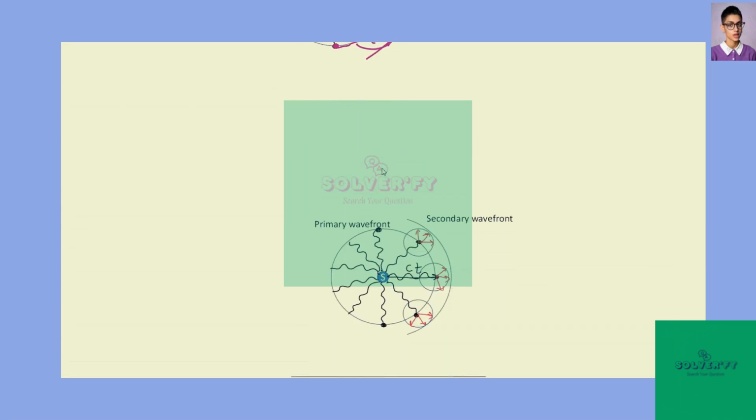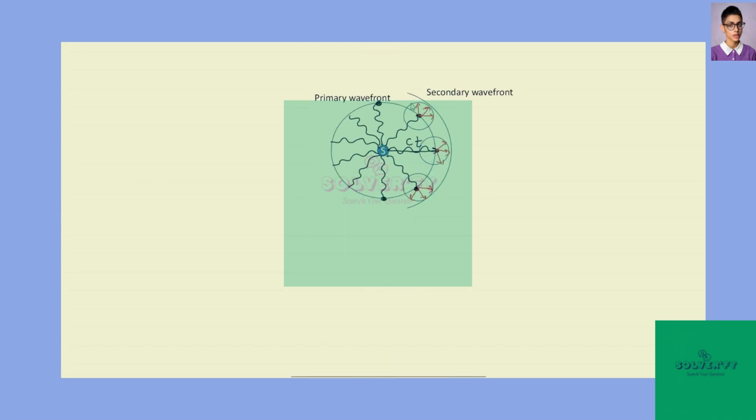And if I draw a tangent to these surfaces, I will get a secondary wavefront, which would be like this. I am not drawing the back side because Huygens said that this wavefront is active only in the forward direction. So from a primary spherical wavefront, I get a secondary wavefront by drawing a tangent to these secondary surfaces.